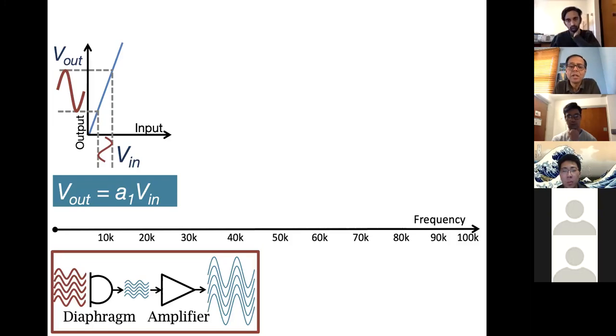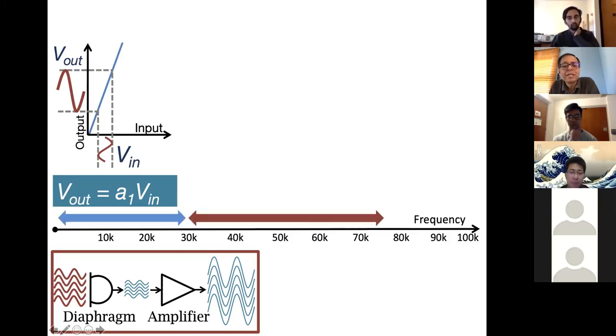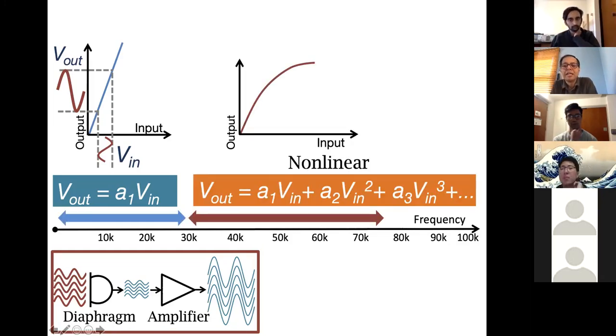It turns out that the diaphragm and the amplifier are not designed for that range, and therefore they will start behaving non-linearly in that range, which means the output will now be A1 V in plus A2 V in square plus A3 V in cube and so forth. There are these nonlinear terms in the output. Does that make sense?